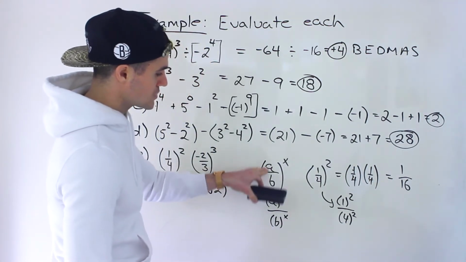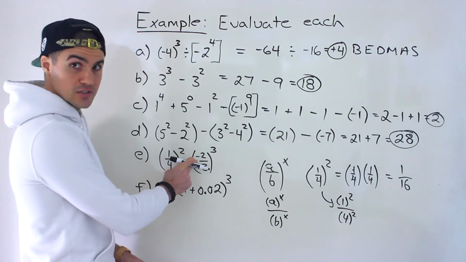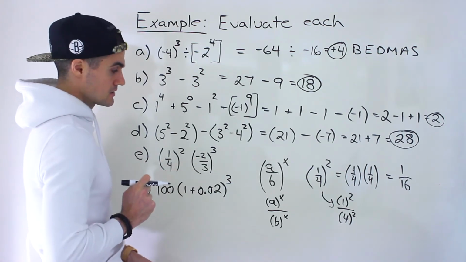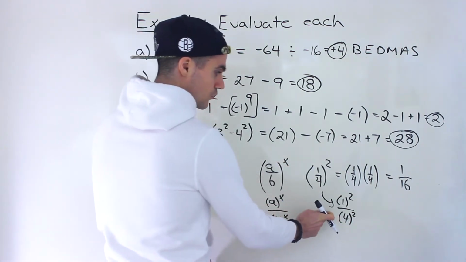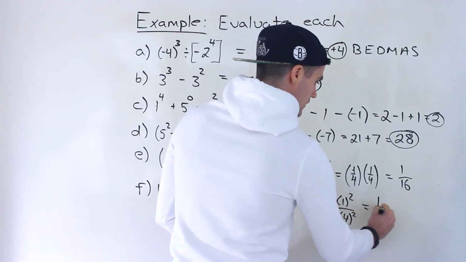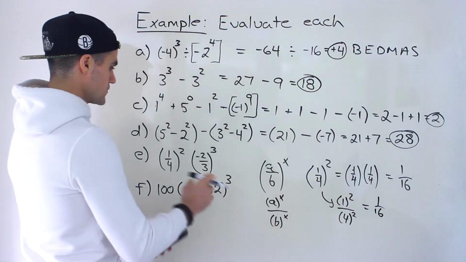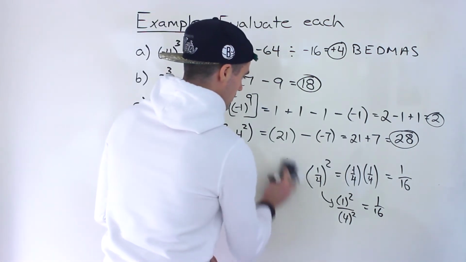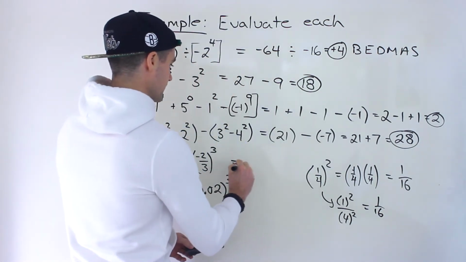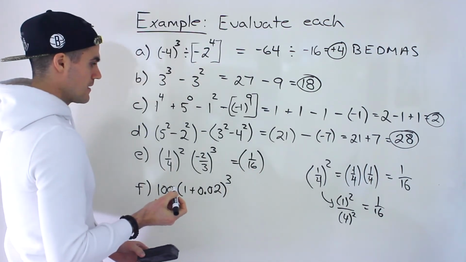Make sure that you put them in brackets. It's not as critical here, but when you're dealing with negatives, it is critical, right? So we just applied this rule over here. 1 to the power 1 is 1, 4 to the power of 2 is 16. Right, so whichever way you do it, this first term here ends up being 1 over 16, like that.